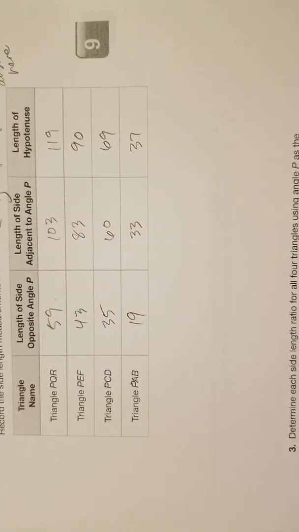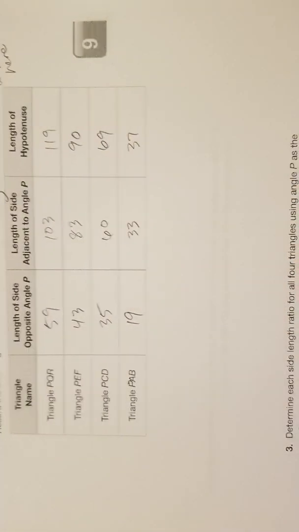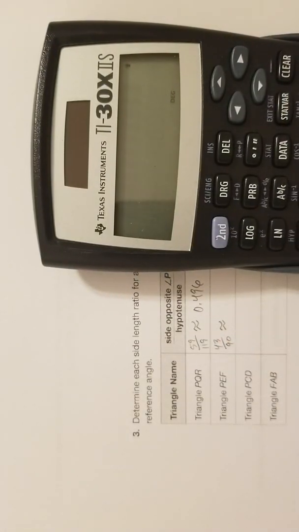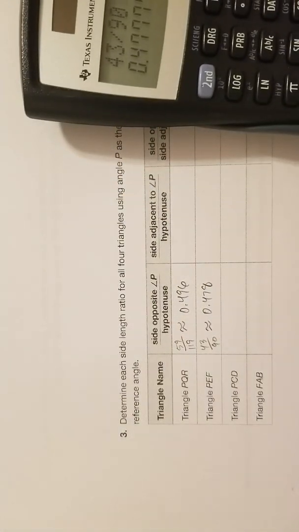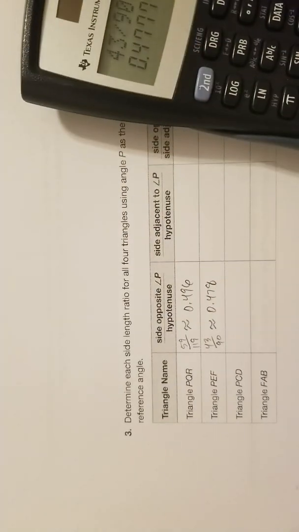Okay. Let's try the next one, 43 over 90. I'm getting that's pretty close to 0.478. Okay. And then PCD, that's the next one. This is going to be 35 over 69.